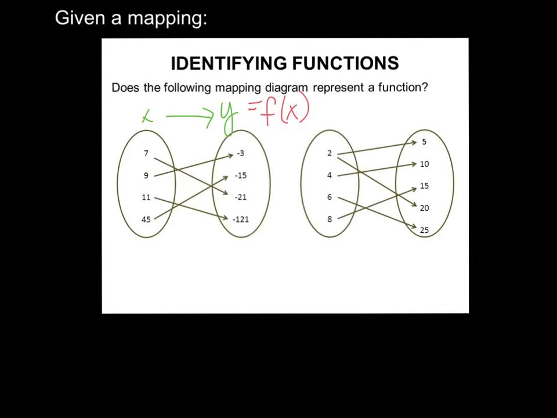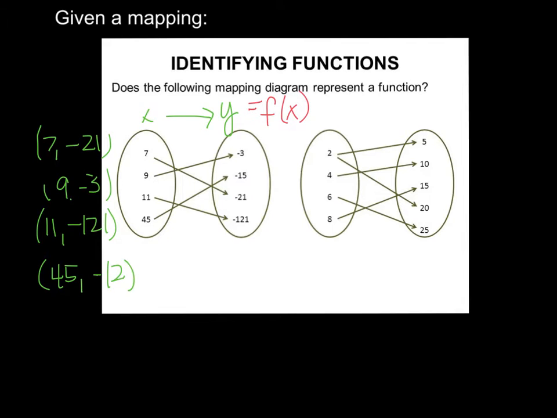To avoid confusion, I would really suggest for you to take time to write all your coordinates. So for example here, 7 is mapped with negative 21, 9 is mapped with negative 3, 11 is mapped with negative 121, and 45 is mapped with negative 121.